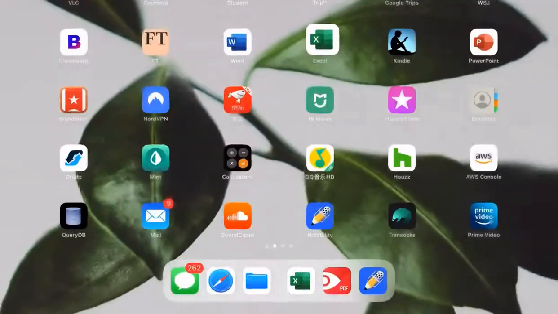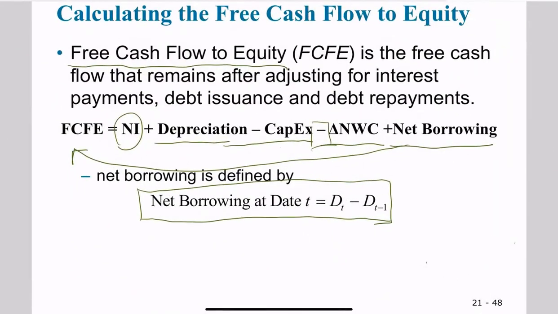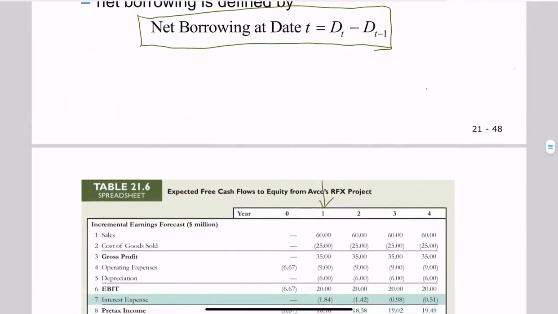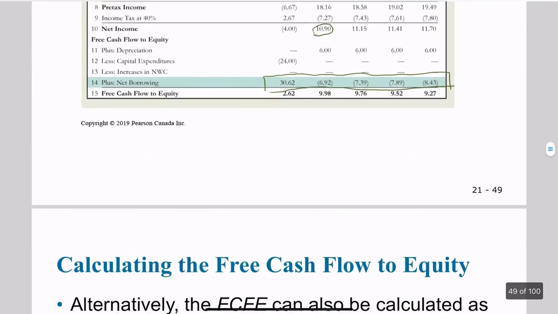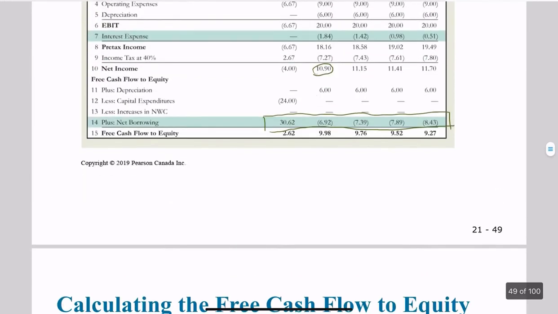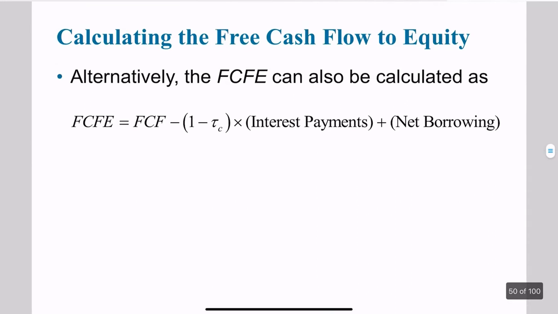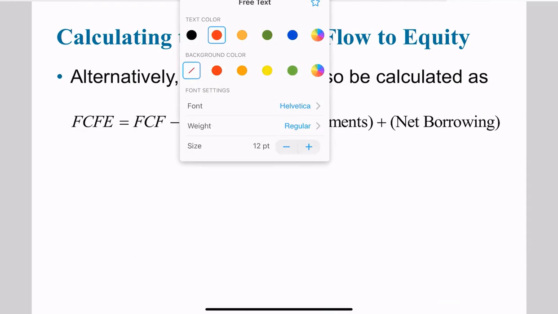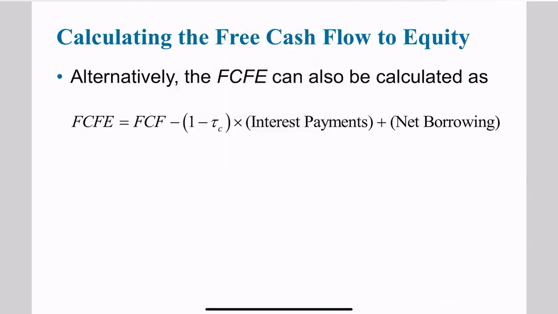Okay, let's go back to our lecture note. Okay, good. So we have finished the task of finding out free cash flow to equity. And now we talk about the second way to solve free cash flow to equity.